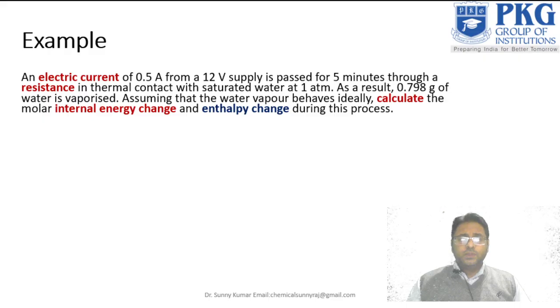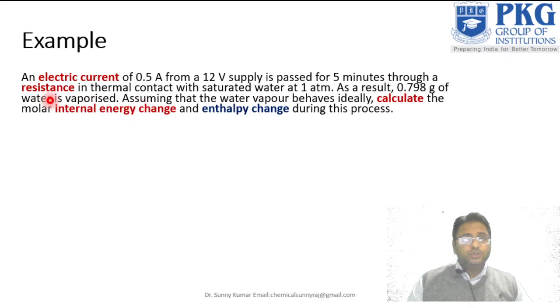So now we will do another example. An electric current of 0.5 ampere from a 12 volt supply is passed for 5 minutes through a resistance in thermal contact with saturated water at 1 atmosphere.